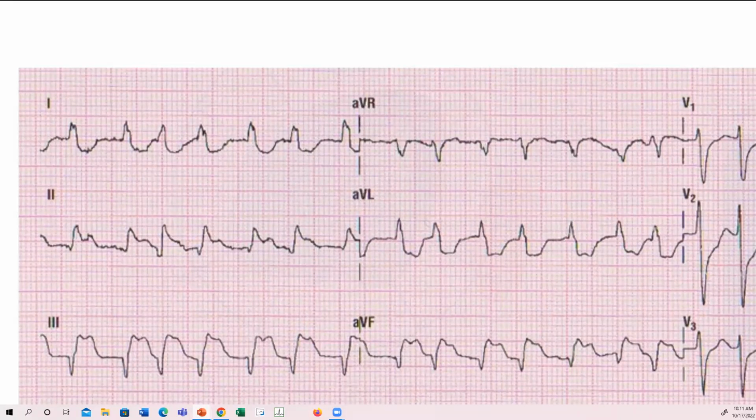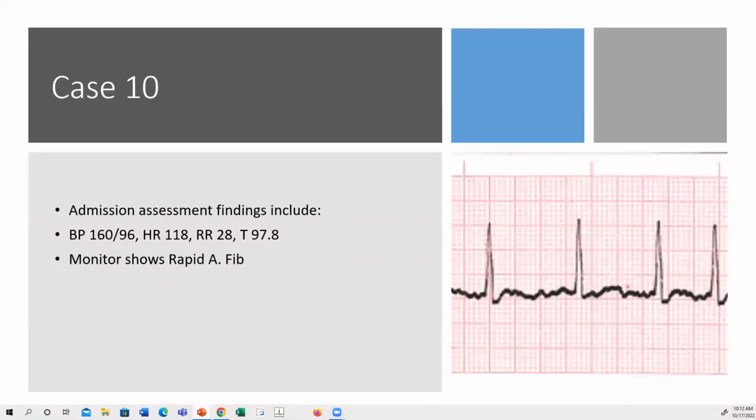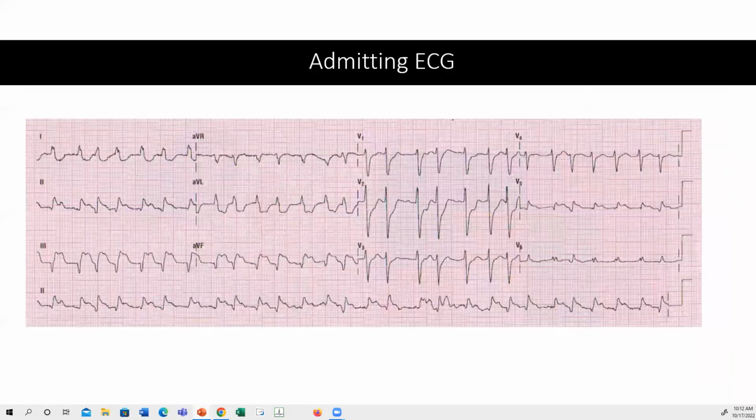The lead that would provide us with the key is lead V1. So whenever you suspect a bundle branch block, make sure that you look at lead V1. So why do we look at lead V1?